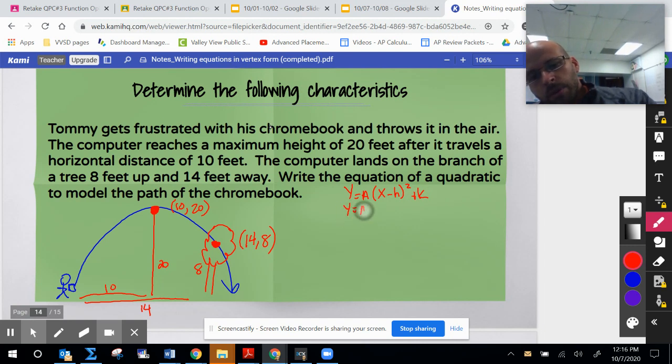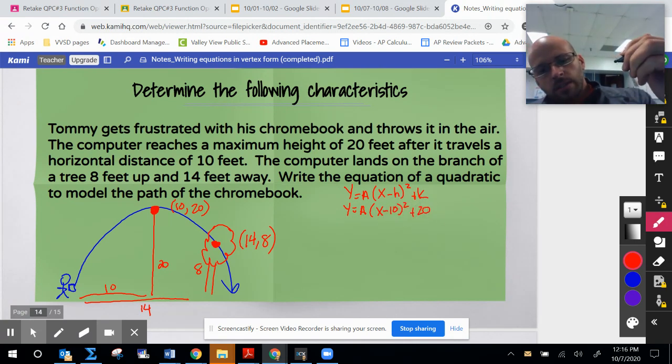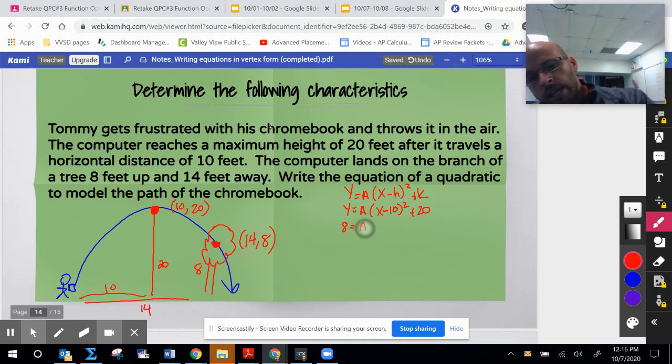So y equals, I'm going to put my vertex in there, x minus 10 squared plus 20. I'm going to put my point in there, so I have 8 equals a times 14 minus 10 squared plus 20. I'm going to simplify. So I get 14 minus 10 is 4 squared plus 20.